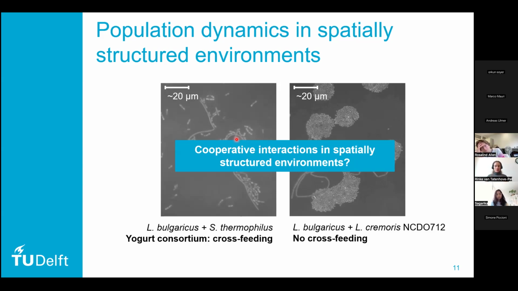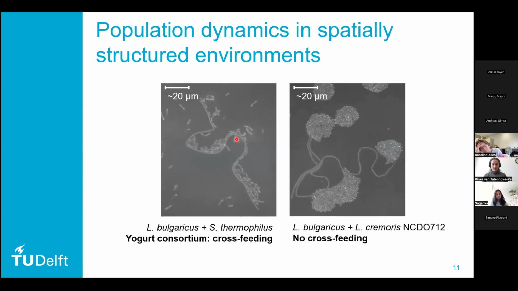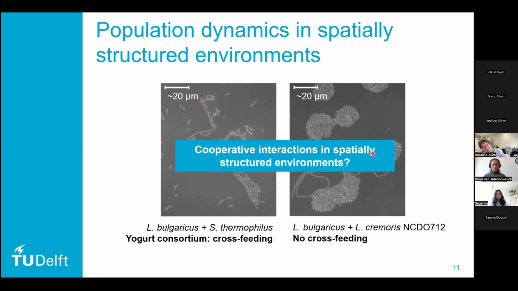But what happens if we look at consortia and what do they do? That's also inspired by these figures where we saw that if there is cooperation between microorganisms, we see different behavior in a spatially structured environment than when there is no interaction between these cells. So what happens if we look at cooperative interactions in these systems?